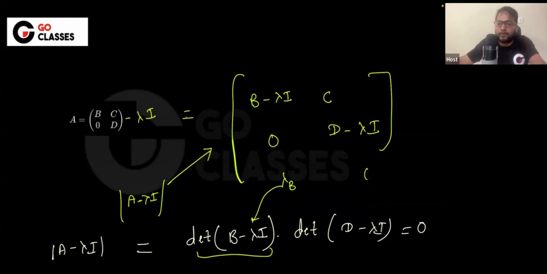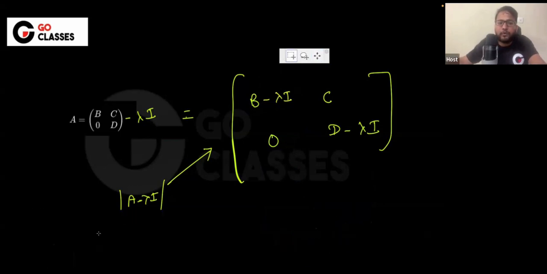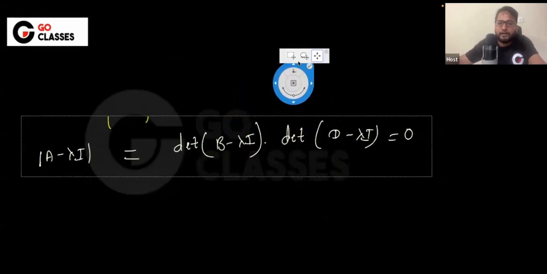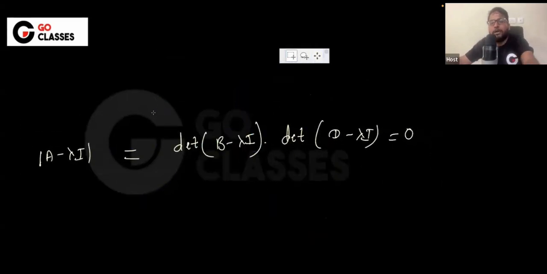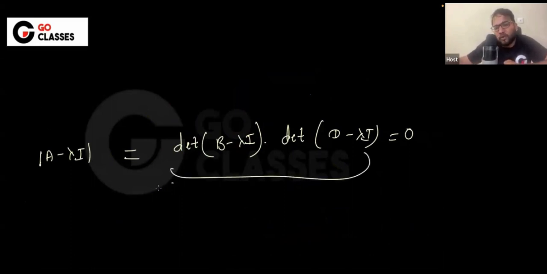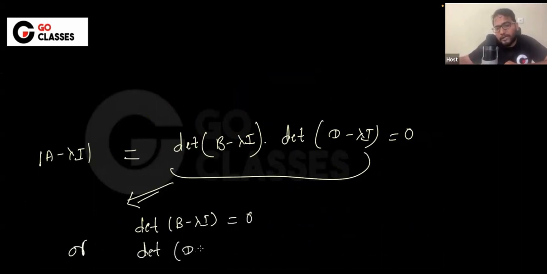See, if you do A minus lambda I, then you have got some equation like this. Now they're asking you to find the eigenvalues of A, which means you solve this, right? What does solving this mean? It means that determinant of B minus lambda I is 0 or determinant of D minus lambda I is 0.